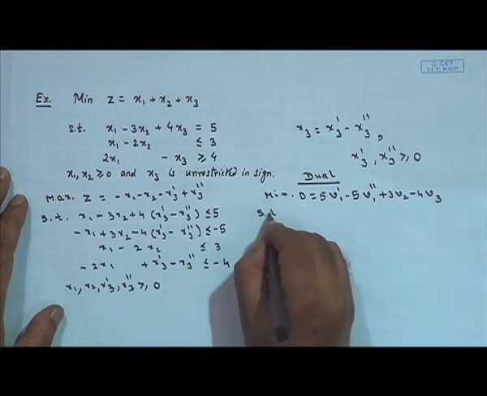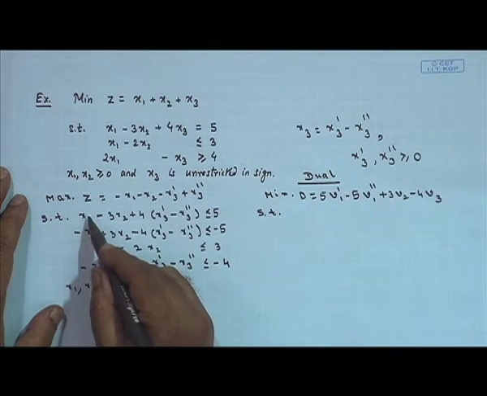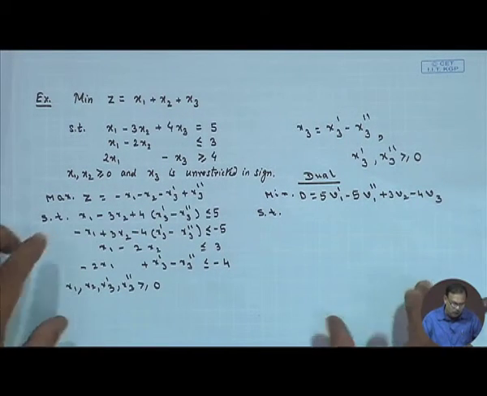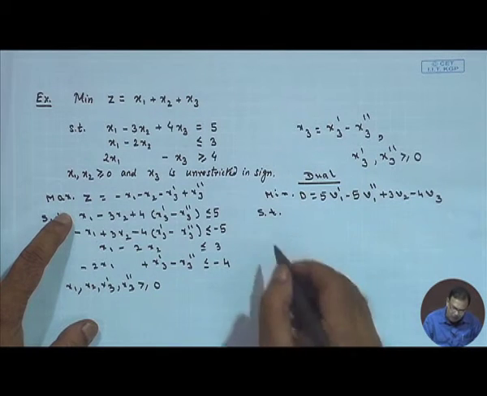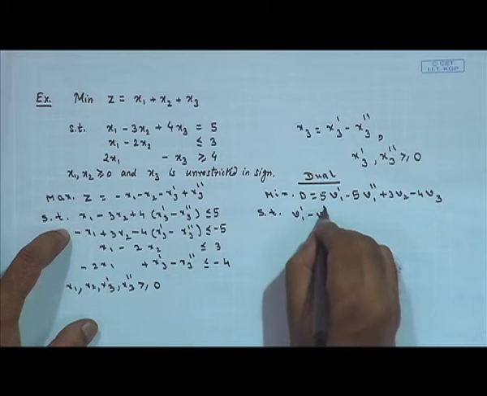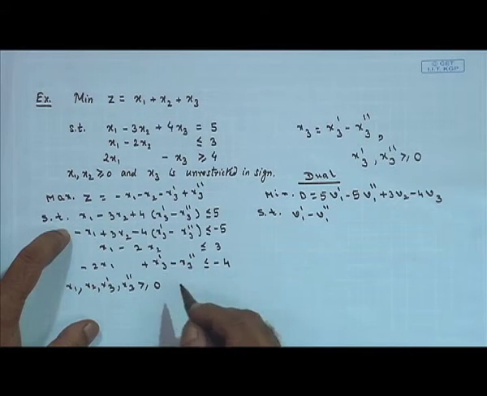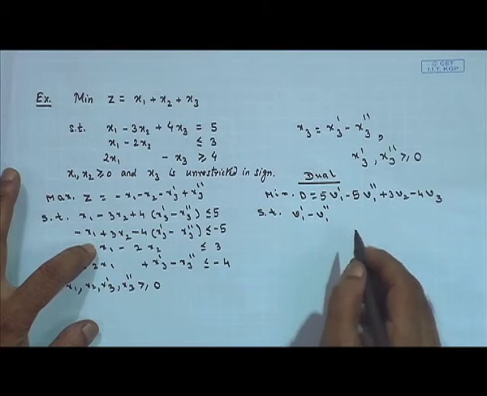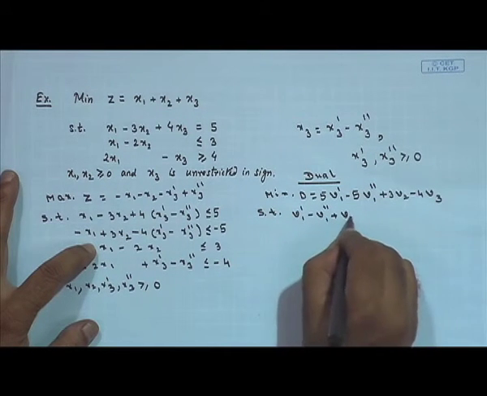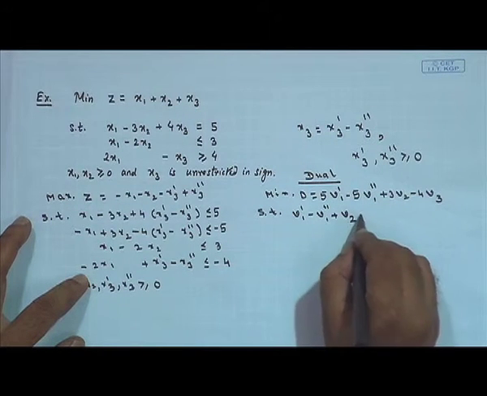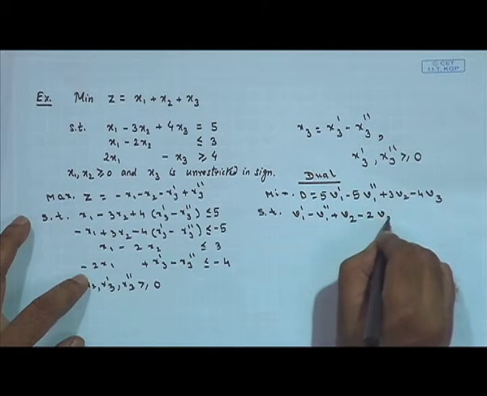Subject to, I have to take the coefficients corresponding to x1 first. So, I will start with this one, subject to v1' minus v1'', then here the coefficient of v2 is 1, that is v2, then for the last one minus 2 is the coefficient, so minus 2 v3 will be there.